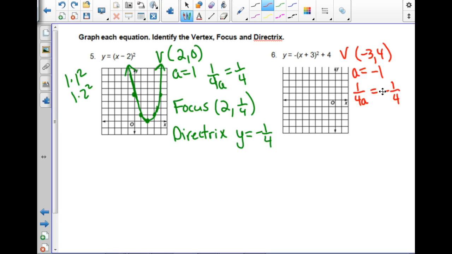Okay, negative 1/4, yes. Now you got to do the, what am I going to calculate now? Look up, stop it. You can do it. Okay, go look on your formula thing. What do you do for the Y part of the focus?